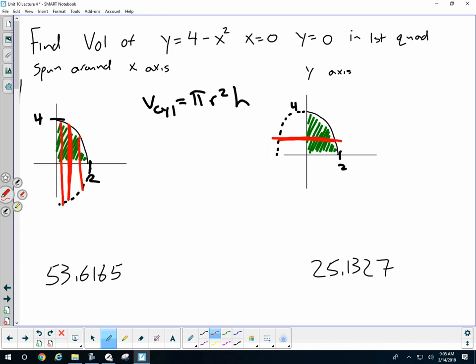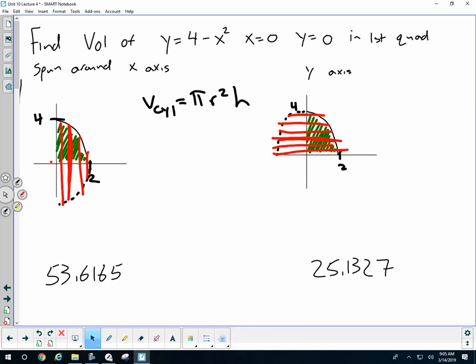Throw a bunch down if you want to. It might help you understand your boundaries. I'm going from 0 to 2. My radius is a y distance. I'm also thinking 0 to 2. Those are x's. I'm looking at this line.